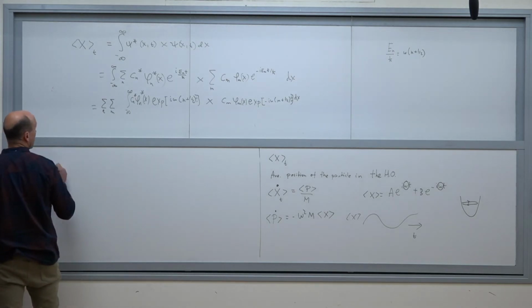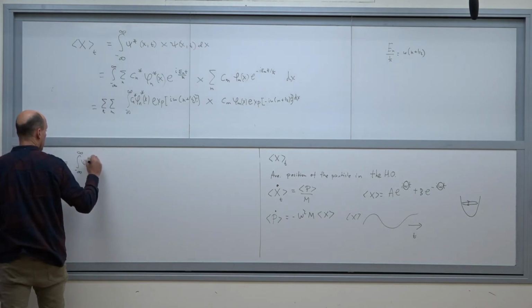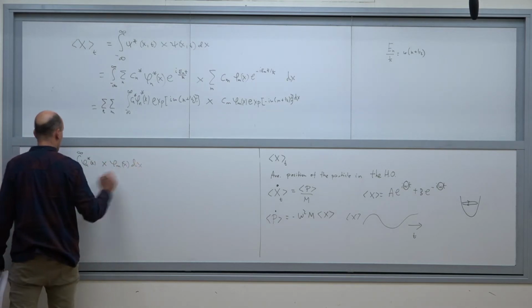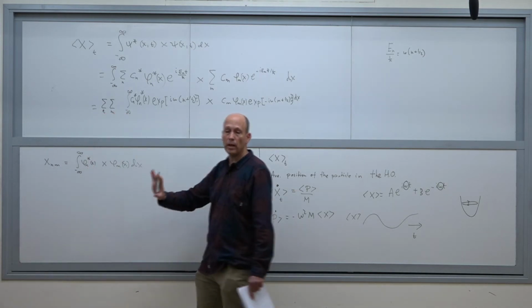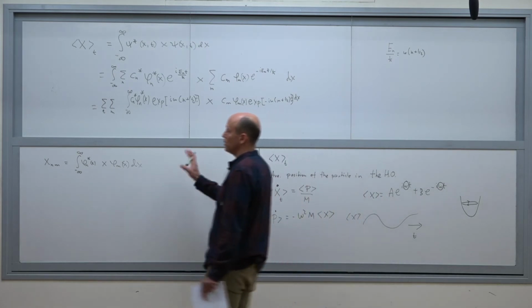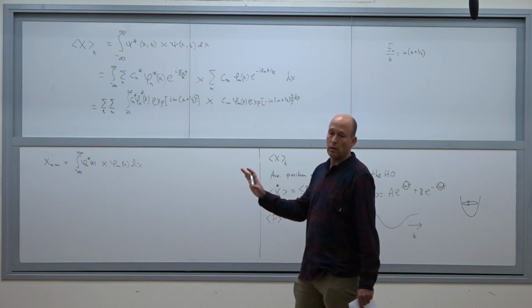I can define x_nm as the integral from minus infinity to infinity of phi n star of x times x times phi m of x dx. And this has two indexes, n and m, and that's why this is a matrix. Actually, we have already calculated this matrix. How does it look?